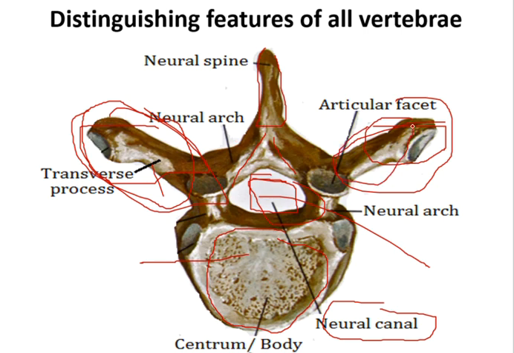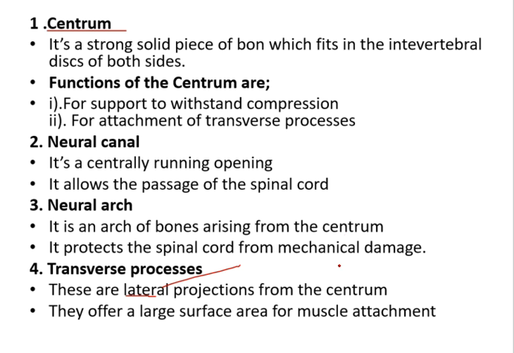These are the transverse process, and their role is to provide large surface area for muscle attachment. The key is a provision of surface area for muscle attachment. Remember, we have very many muscles in our body, and those muscles must be attached to the bones.